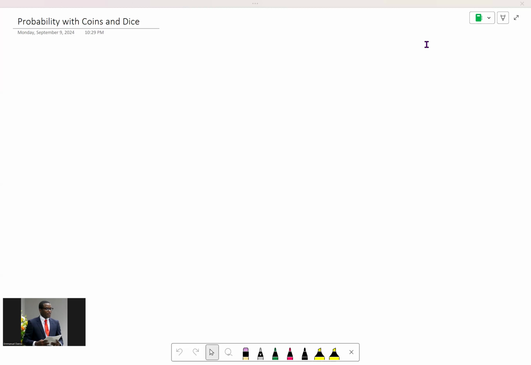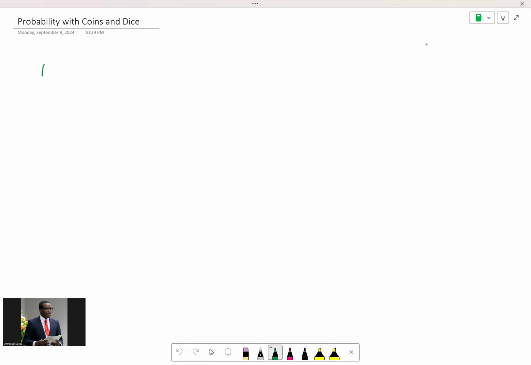Dice too come up in a lot of games, like snakes and ladders, Ludo, and all of those kinds of games. So with this knowledge of probability, you can bring some math into whatever game you're playing. That's why I think it's important I talk about probability with coins and dice.